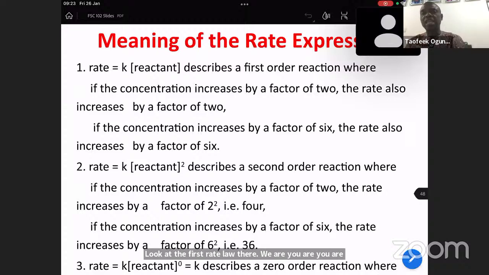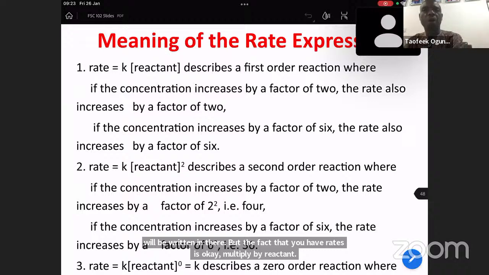In this situation, you're saying that the reactant is raised to the power of 1. This is the first order reaction, because if it was raised to anything different from 1, if it was raised to 0, then we won't see the reactant there at all, because it will be equal to 1. If it was raised to 2, of course, 2 will be written there. But the fact that you have rate is equal to K multiplied by reactant, that is saying that this is the first order reaction, because the concentration of that reactant is raised to the power of 1.